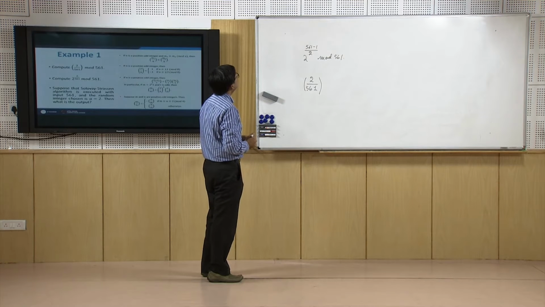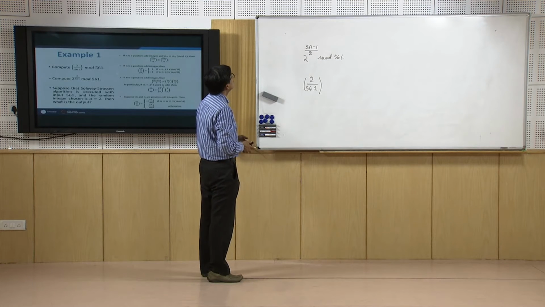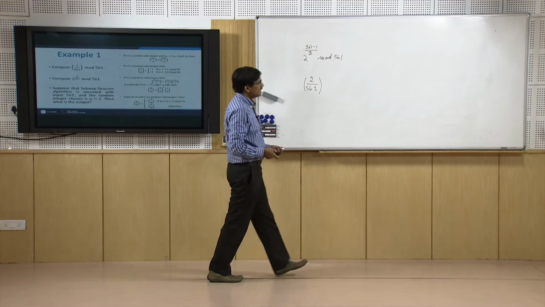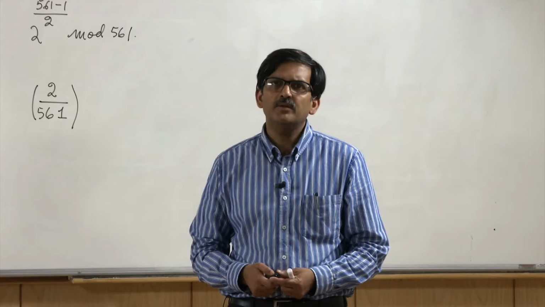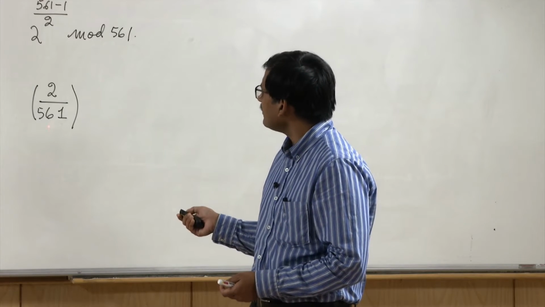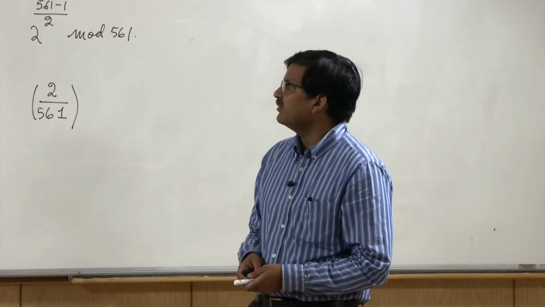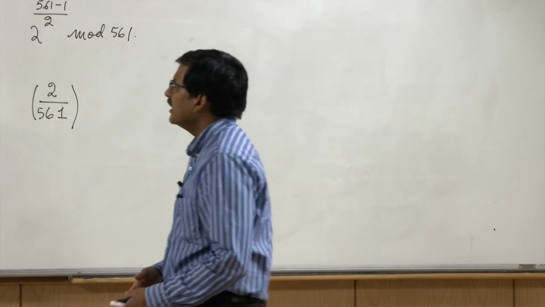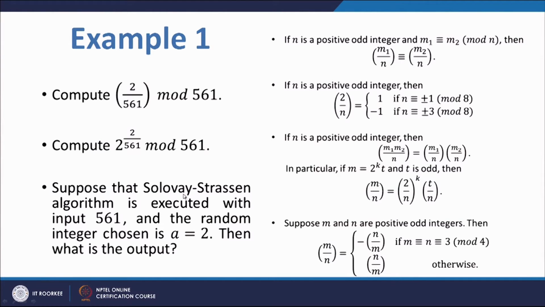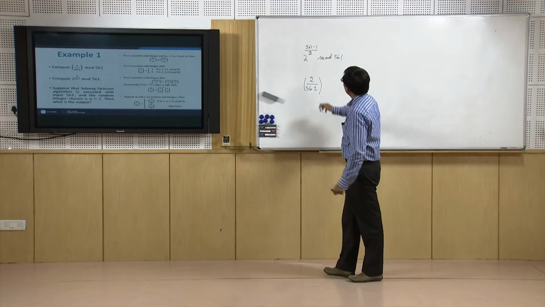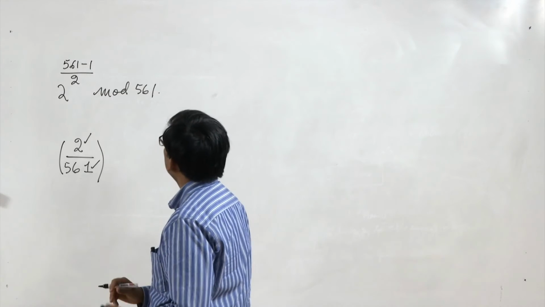Now, at this point we see that to calculate the Jacobi symbol we do not have to calculate the factorization of 561, we can simply use the properties of the Jacobi symbol. So, we check that it is the second property. Here the numerator is 2, denominator is 561.